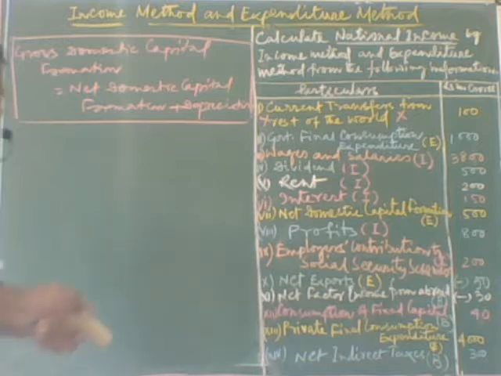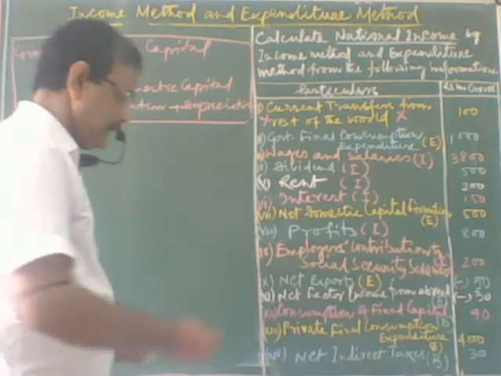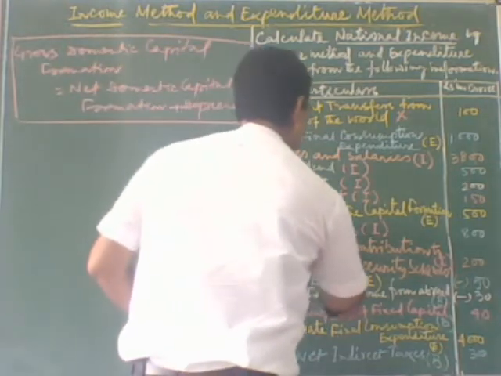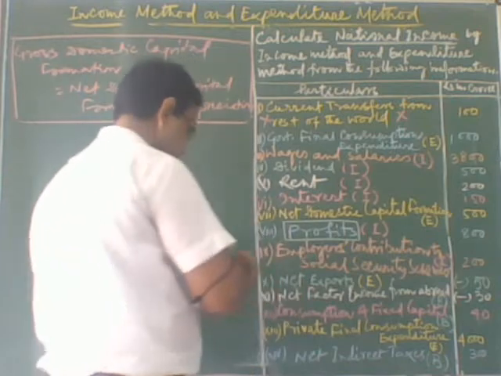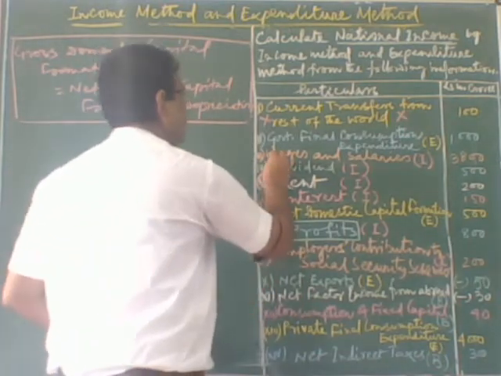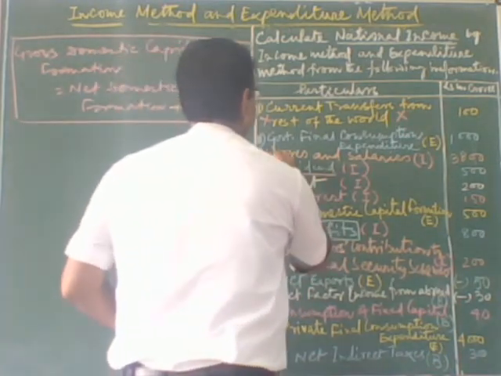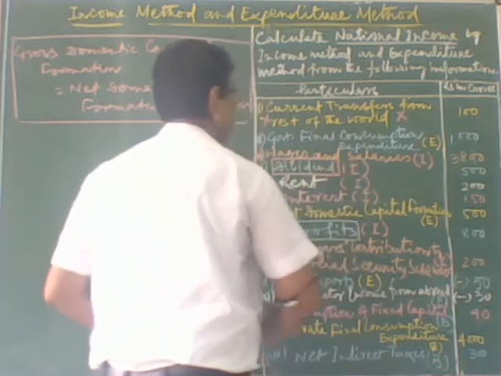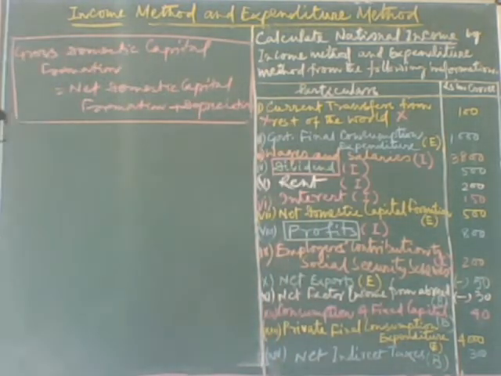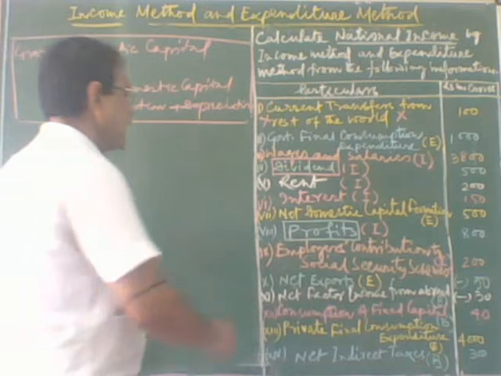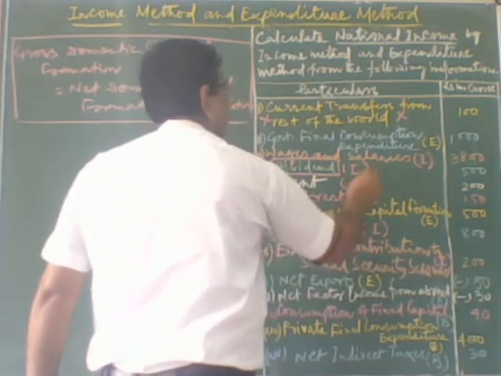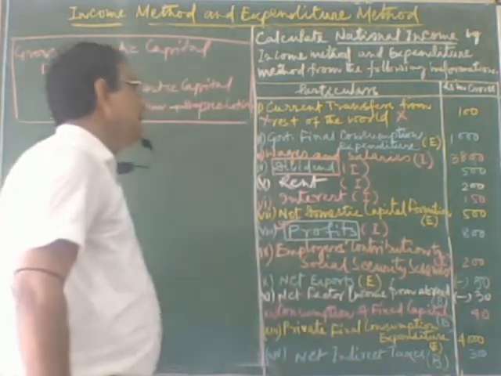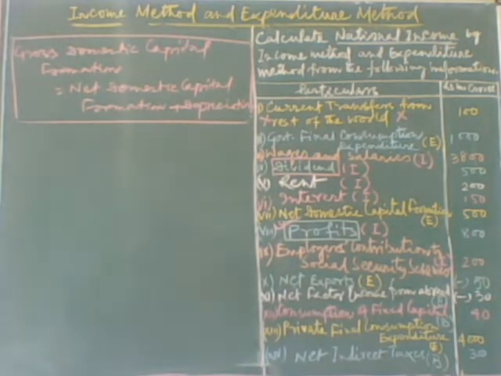Here also, you think very carefully that here the profit is the main component, and side by side the dividend is also given, that is the subcomponent of the profits. So here you have to consider only the profit whenever you have to calculate the national income by income method.